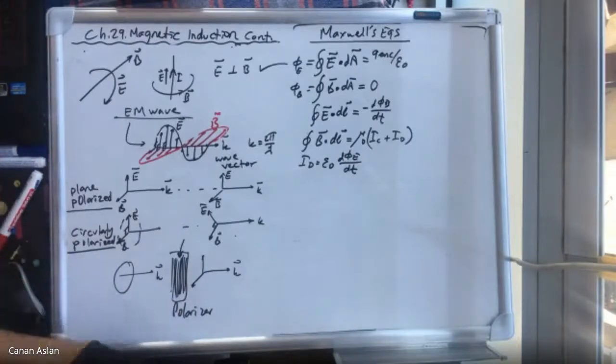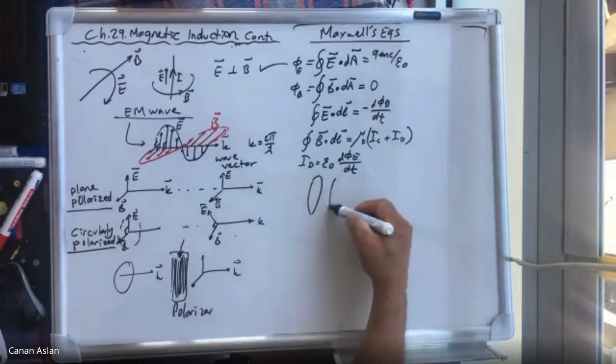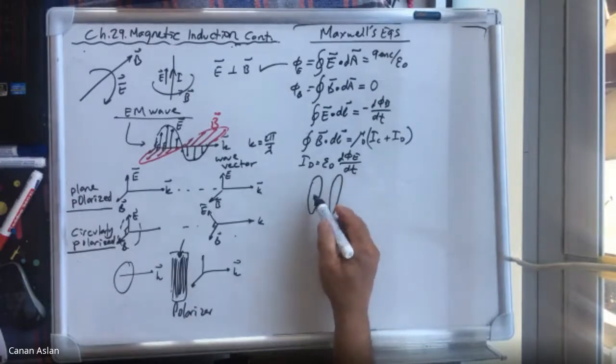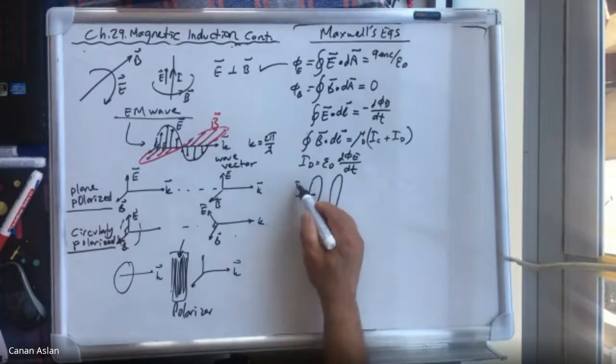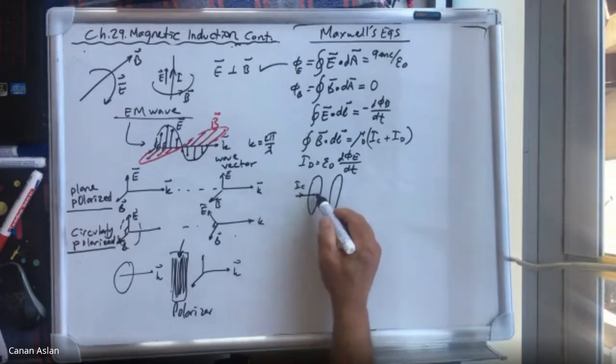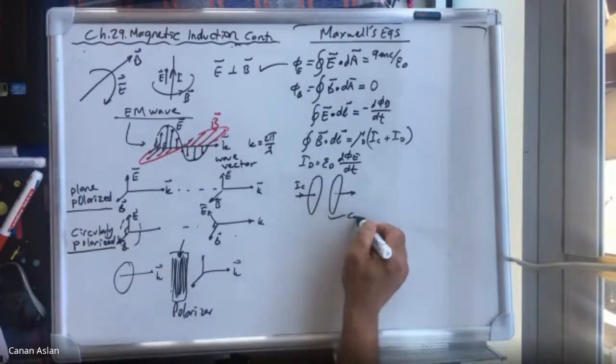If we look at this capacitor system, remember that we have a parallel plate capacitor, and then we apply some kind of current, the conduction current, which passes through this part and then leaves from the other side of the capacitor.